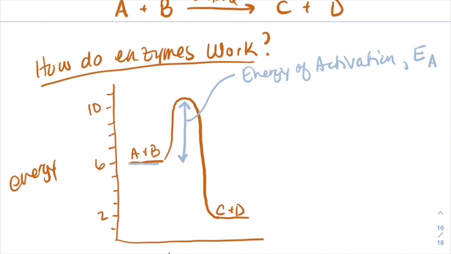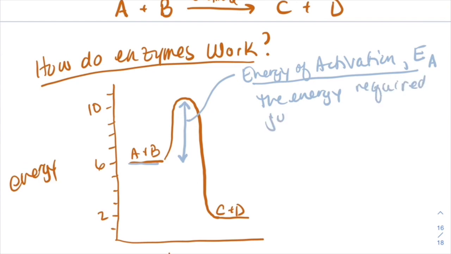It's the energy of activation. It is the energy that is required by a chemical reaction just to get it started. So the energy required just to get a chemical reaction started in the first place.